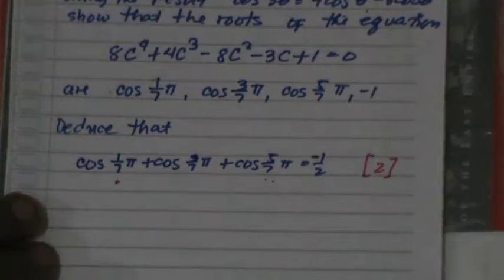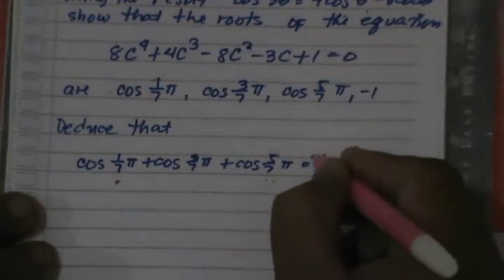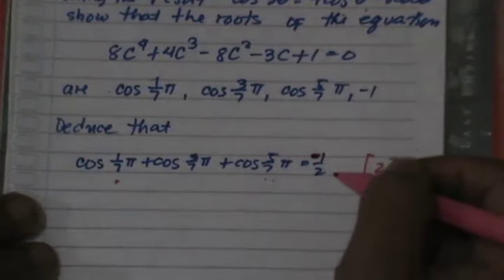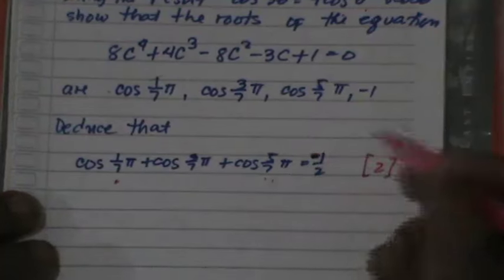I don't know if you still remember, what do you call that one? The sum of the polynomials. So if you have the sum of the polynomials, what do you do? Sorry, wait, let me just double check with the question. It says it's equal to 1 over 2.